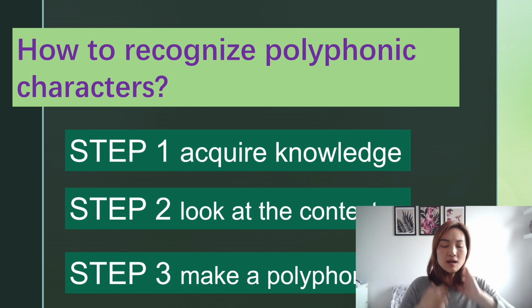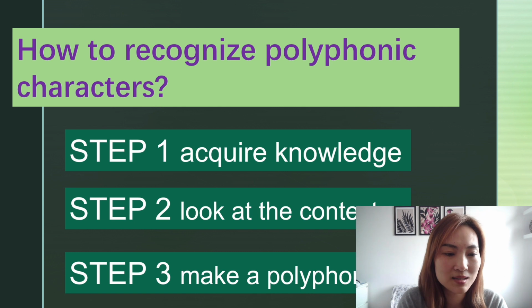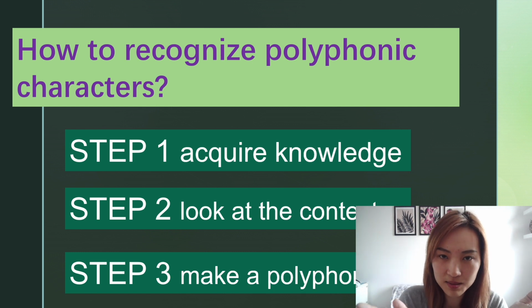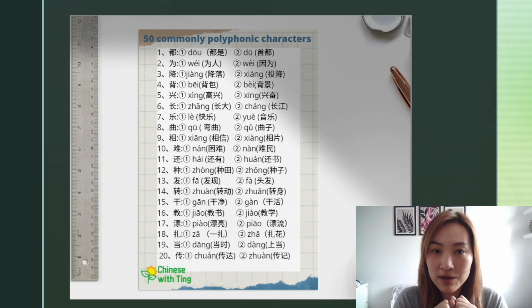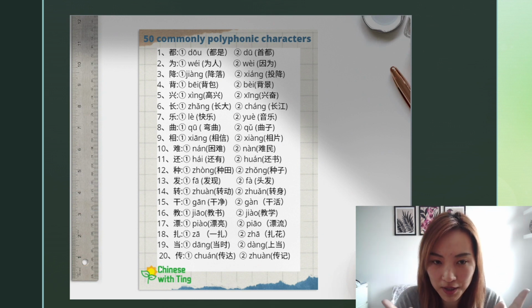Okay, I know some of you would still say, "Oh, that's too hard. Teacher, do you have any idea, or do you know where can I get this polyphonic list?" Don't worry, I have already prepared for you. So here are the commonly used 50 polyphonic characters I have already prepared for you.